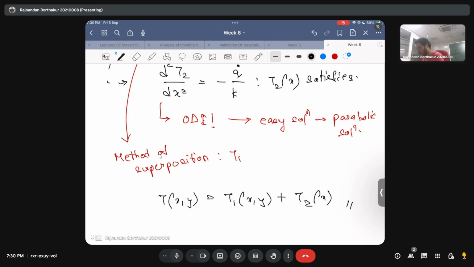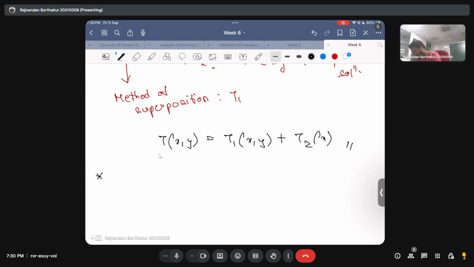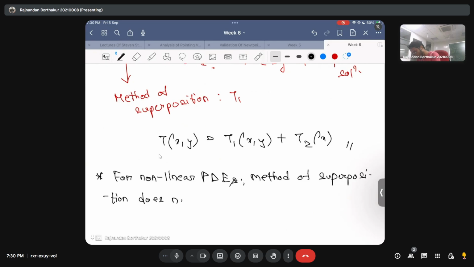Okay, so for non-linear PDEs, the method of superposition does not work.